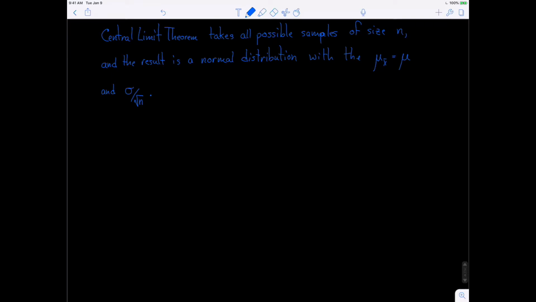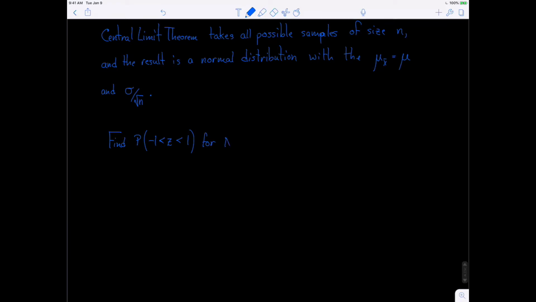So consider this. For example, find the probability that z is between -1 and 1.